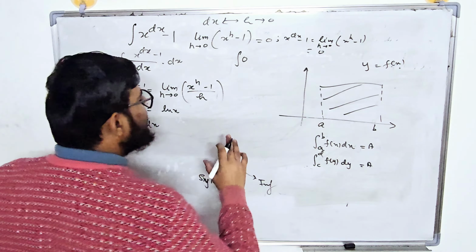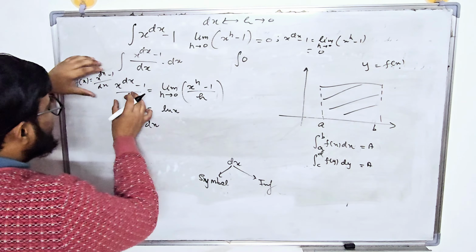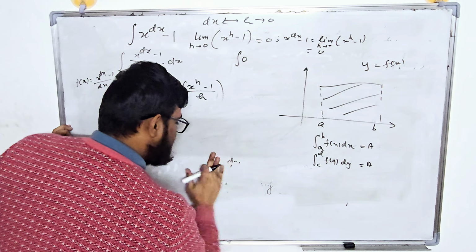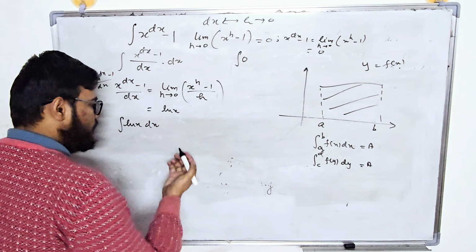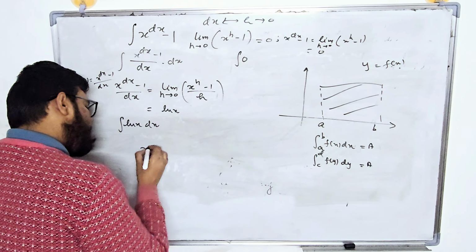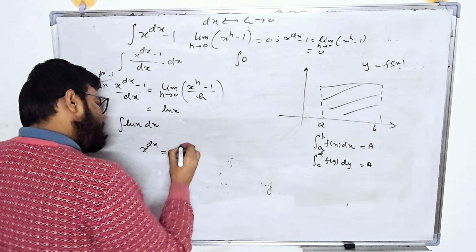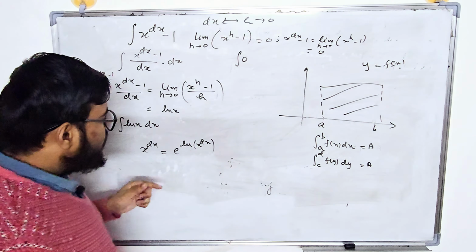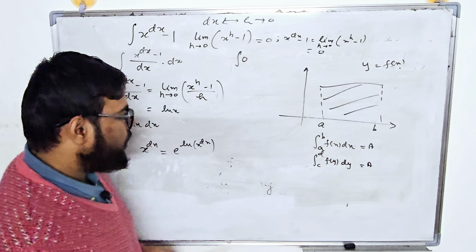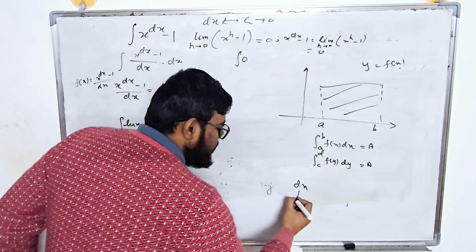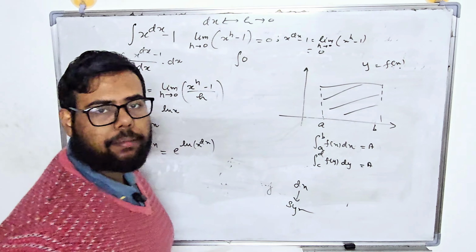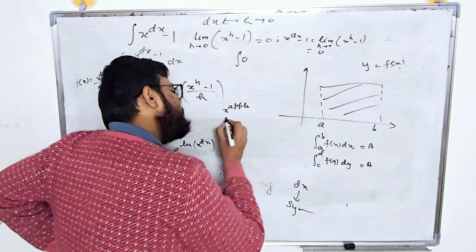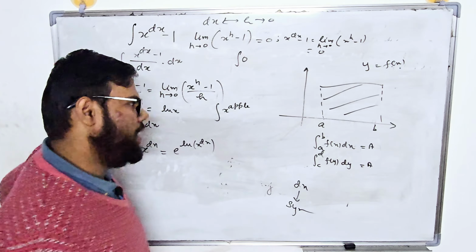Now many people claim that instead of saying it like this, we can say it like this also: we can write x to the power dx as e to the power (ln x to the power dx). Before that I need to tell you one thing. If you are seeing dx as a symbol, then it is similar to saying the integral of x to the power apple, dx.